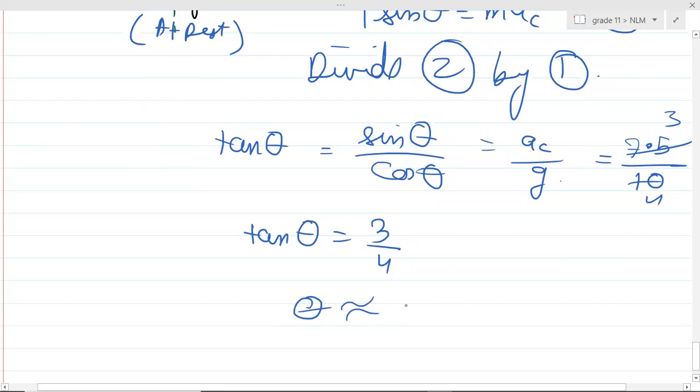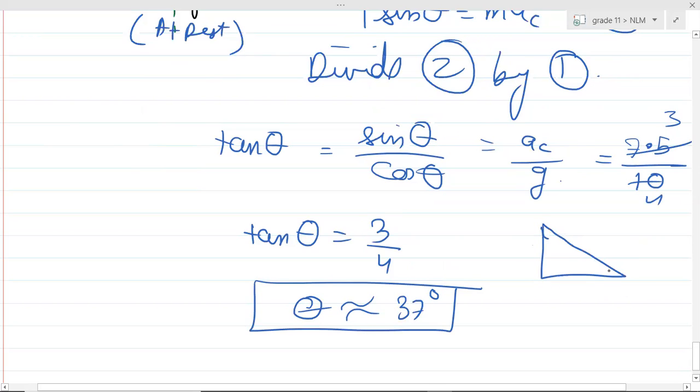Hence theta is approximately 37 degrees. Chaliye. So this is your answer. Is this clear, guys?